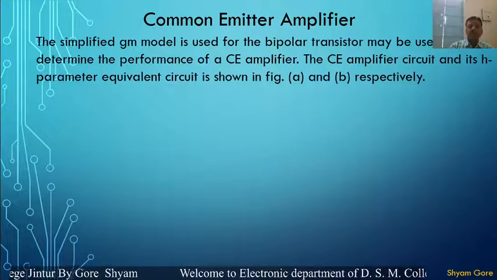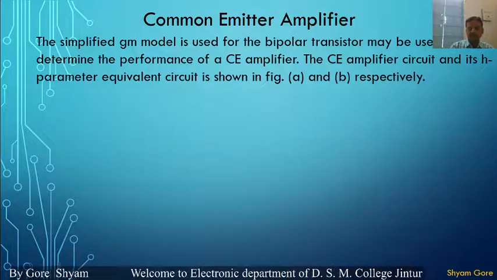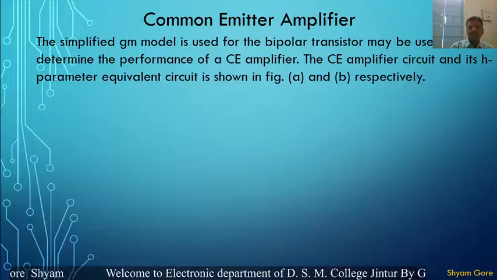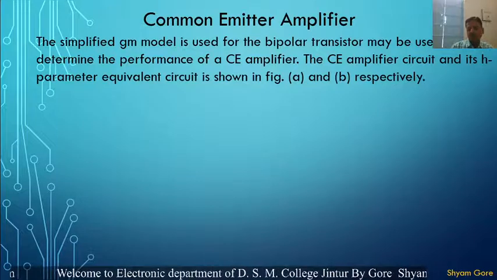The simplified GM model is used for the bipolar junction transistor, and it can be used to determine the performance of the common emitter amplifier.